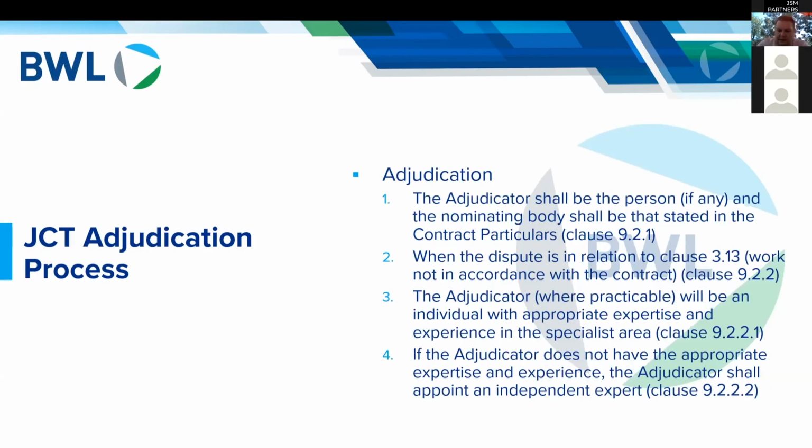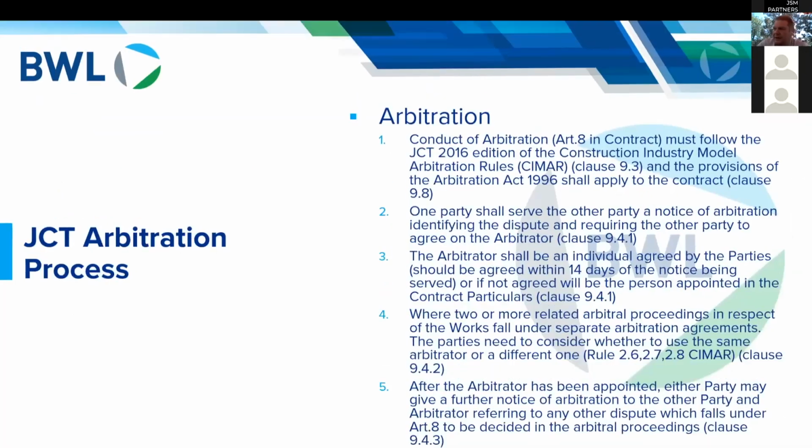So it's a more formal process, and then arbitration is perhaps even more formal, and typically, depending upon the complexity of the project that's being developed, it's quite common for the arbitration provision to be deleted within the JCT contract.